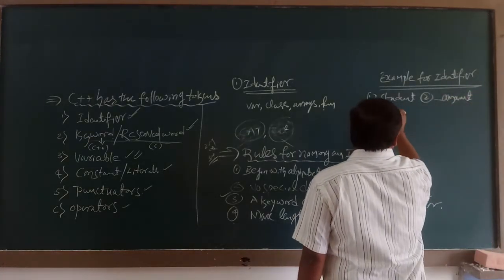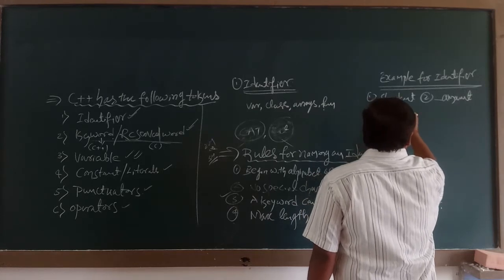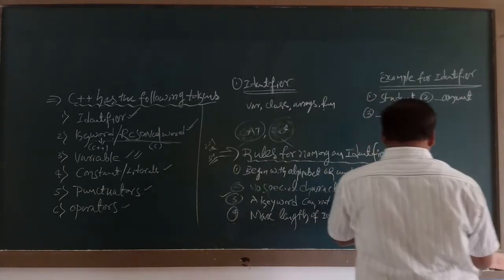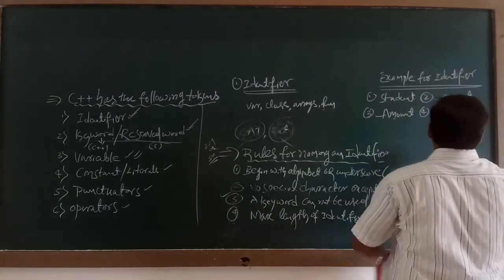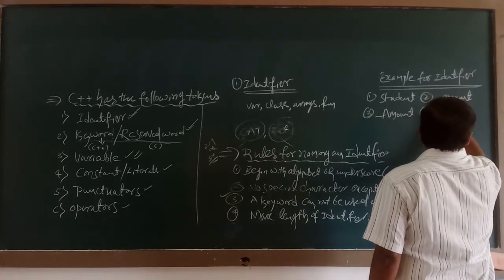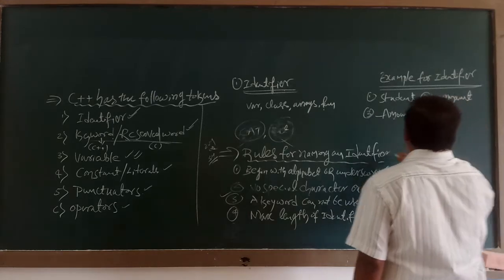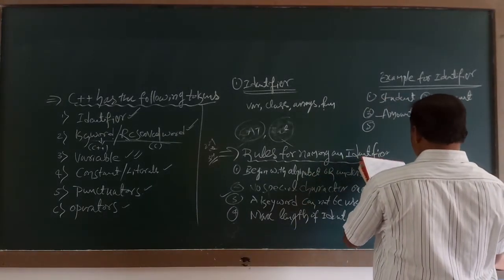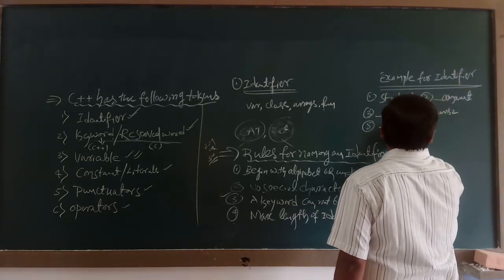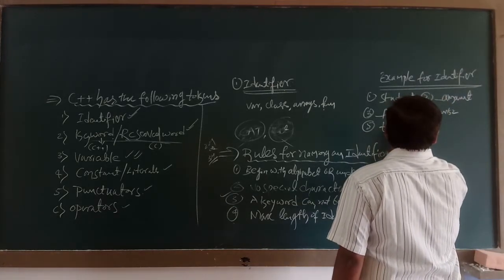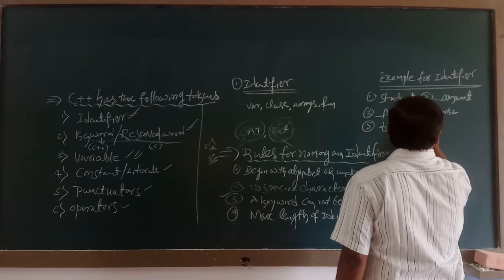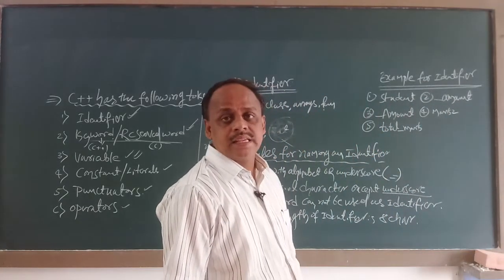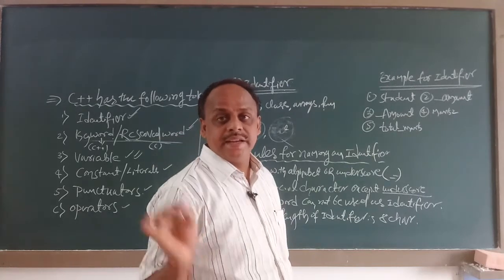Third one, underscore amount. Fourth one, mark2. Fifth one, total mark. See here, these 5 are the examples for valid identifiers.